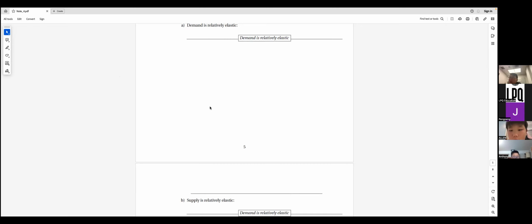Okay, let's draw a new graph. This time I make my demand curve relatively flat. It's a flatter curve compared with your steeper curve. You make your supply curve steeper, but demand curve flatter.